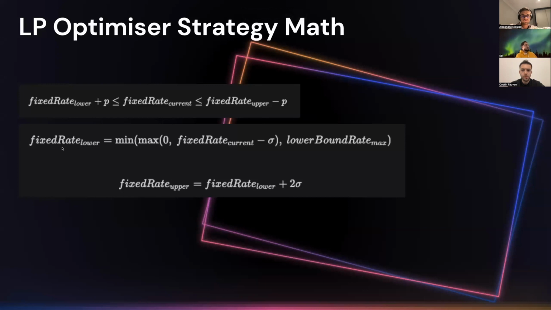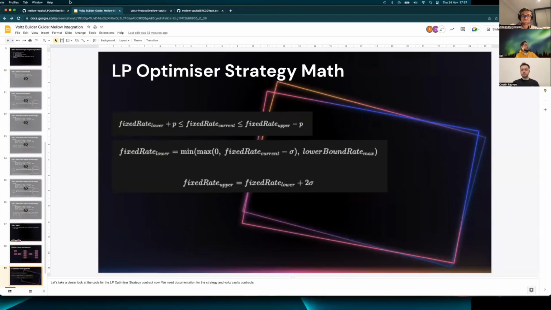So the lower bound of the new fixed rate is going to be the smaller of effectively a zero lower bound, and the current fixed rate minus some standard deviation parameter. So that's going to be one of the options, and the smaller of this or the maximum lower bound, which is a parameter that's also settable. The upper fixed rate is going to be determined as a function of the lower fixed rate, plus 2 sigma, or sigma wad, which is defined as a parameter in the strategy.